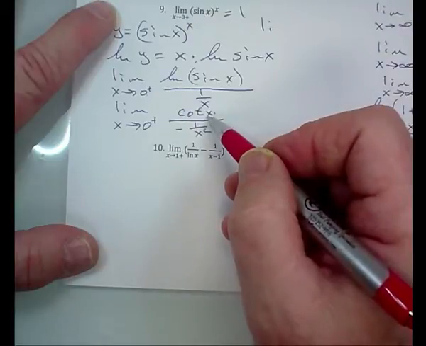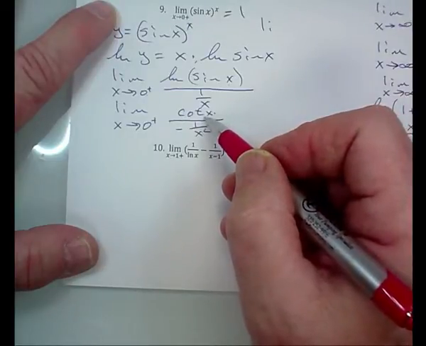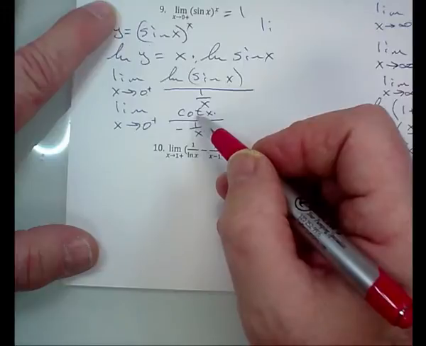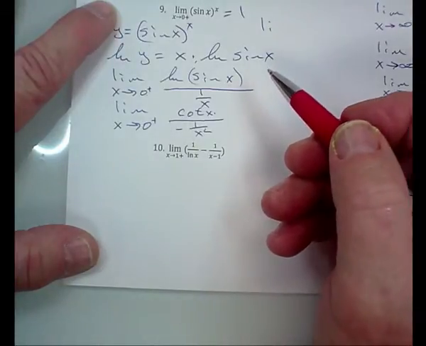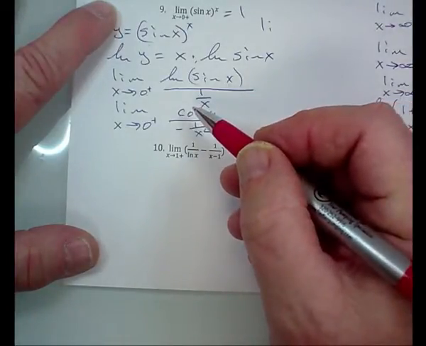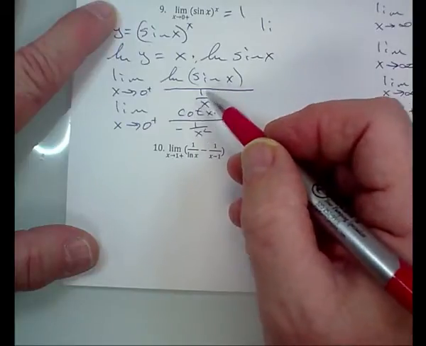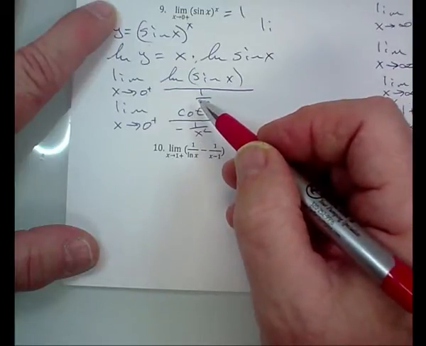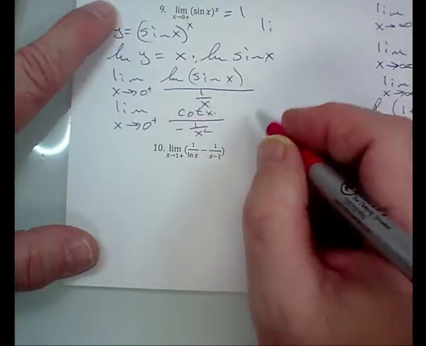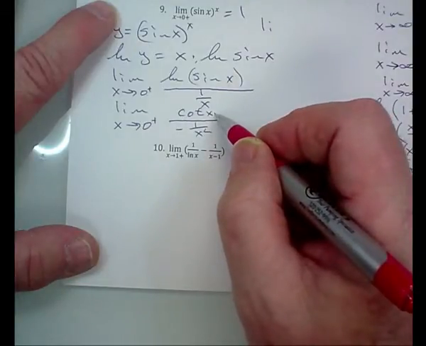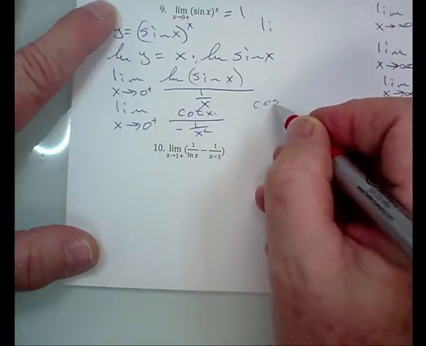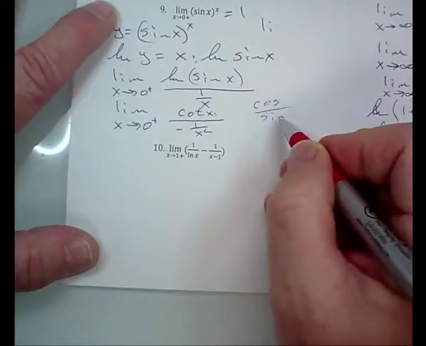As I approach 0, sine is getting really, really small. It's approaching 0, so it possibly could be 0.1 because that's close to 0, or 0.2 because that's close to 0. And cosine is getting closer to 1, correct? So it's 1 over something extremely small.